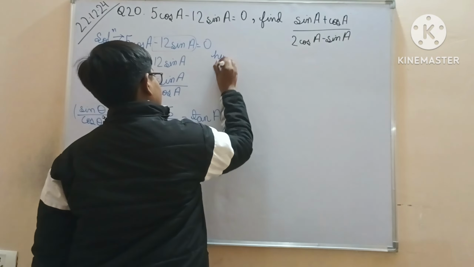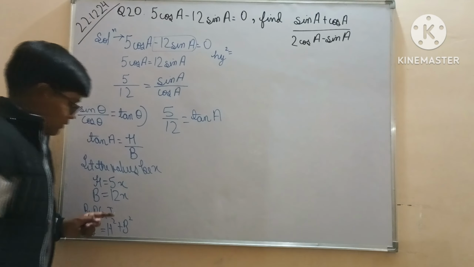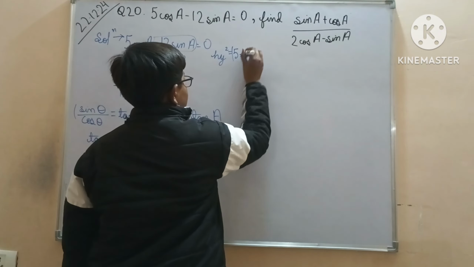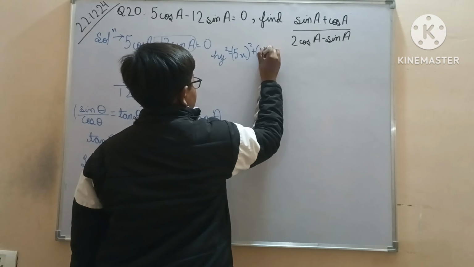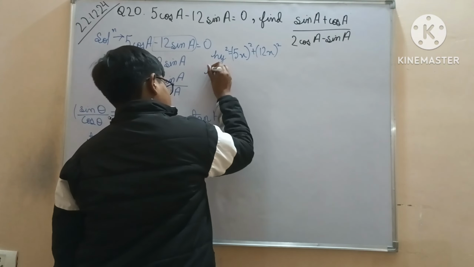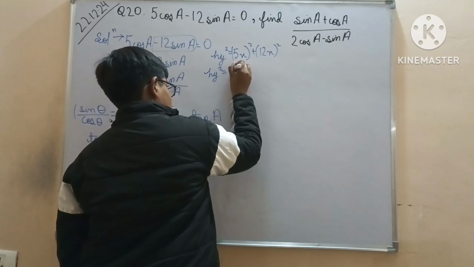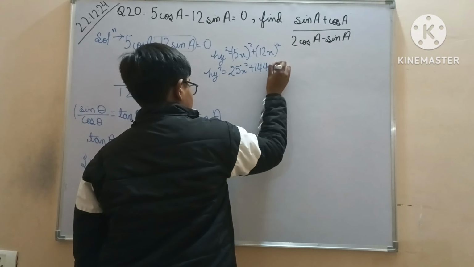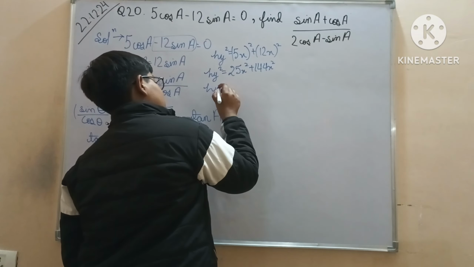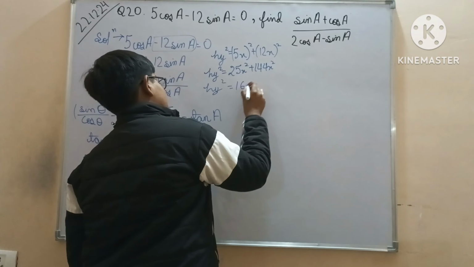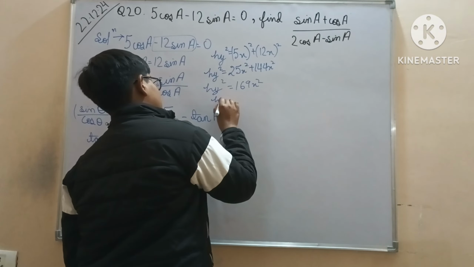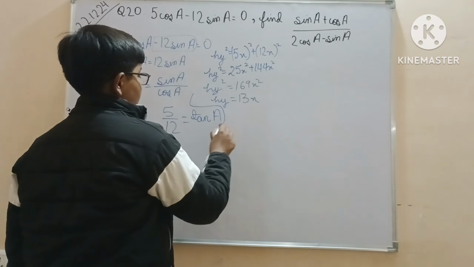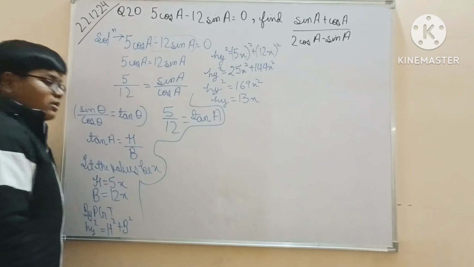So hypotenuse square is equal to height 5x whole squared plus base 12x whole squared. 5x whole square is 25x square, 12x whole square is 144x square, and now hypotenuse square will become 169x square, which is a perfect square of 13x. So both sides will get rooted, and we will get the value of hypotenuse as 13x.